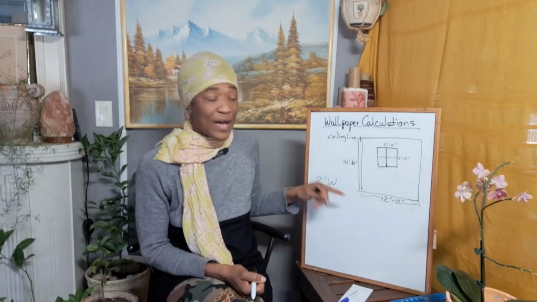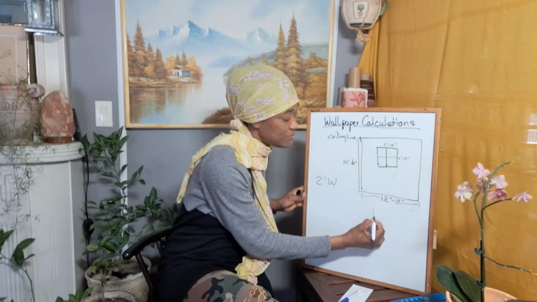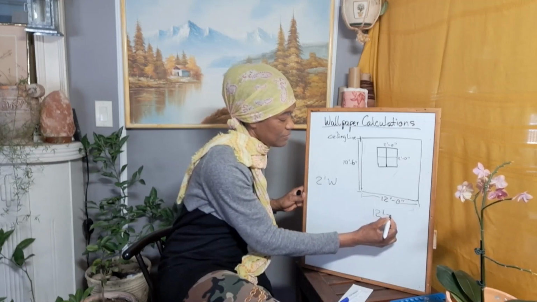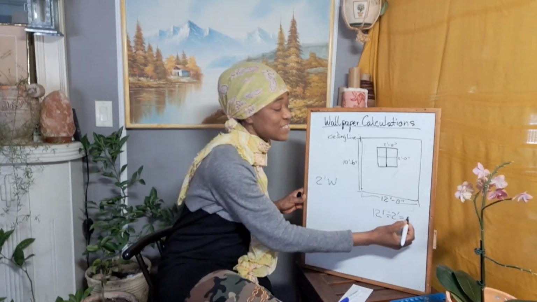The first thing we need to do is take our width and divide that by 2 feet. And that is 6. Now we do that because we need to find how many widths of this 2 feet wallpaper we will need to go across the wall.